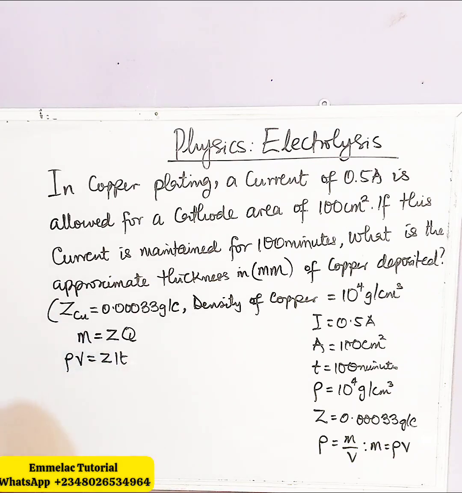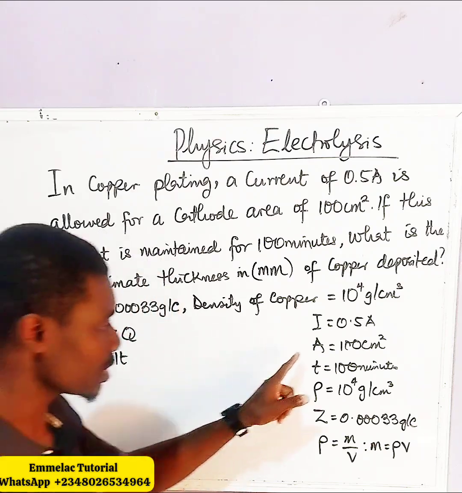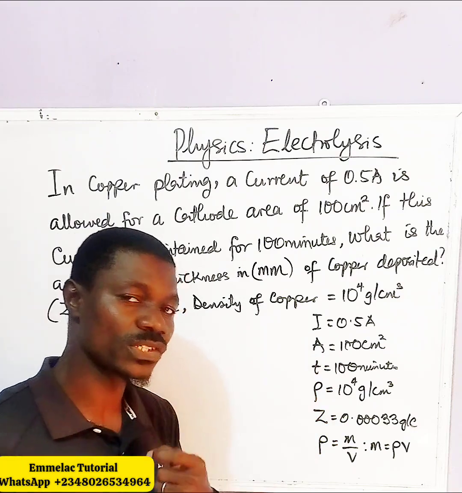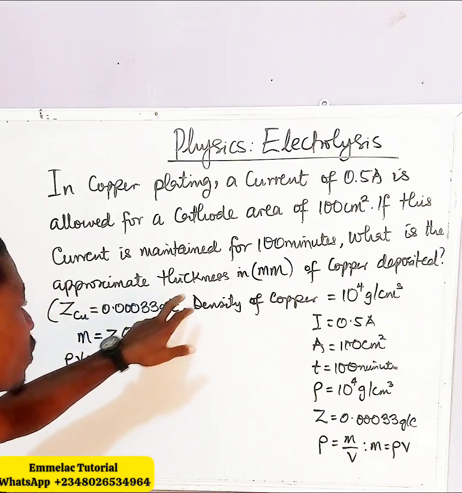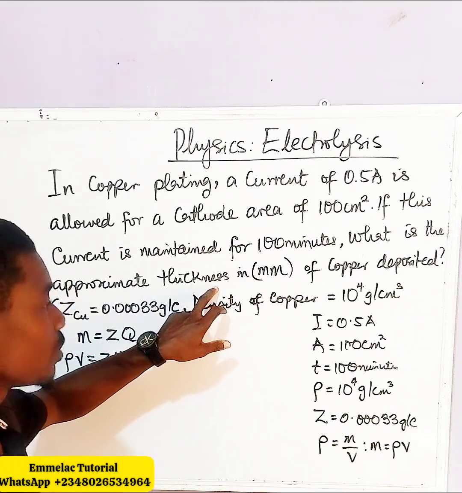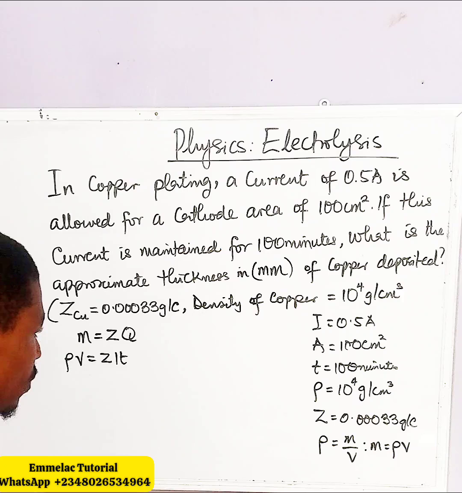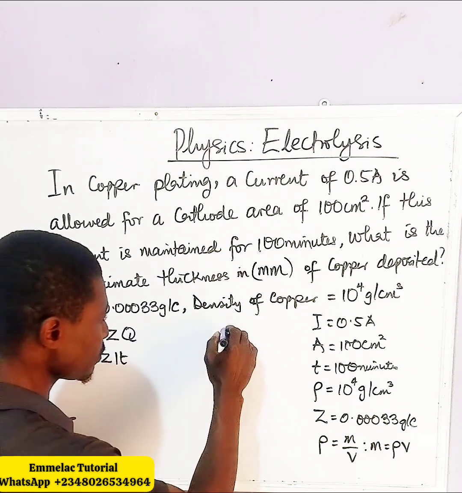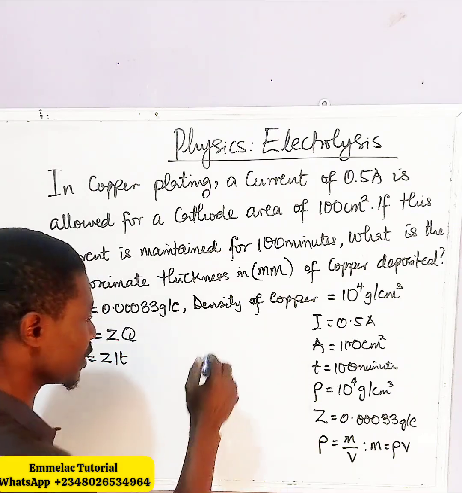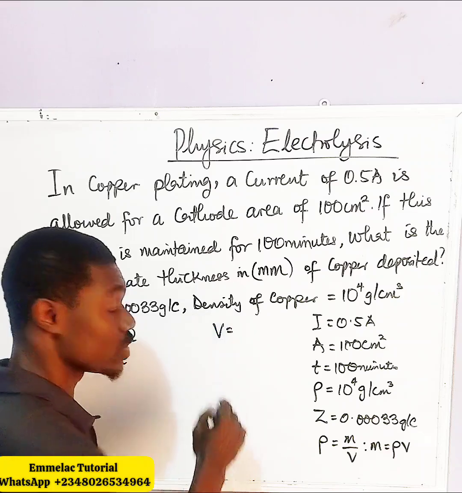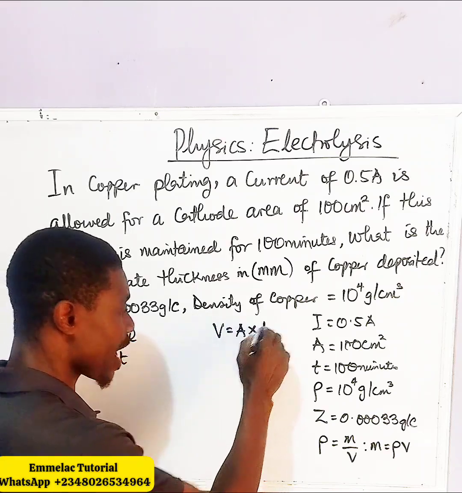IT. However, we're not given volume. But there is area here, and there is a relationship between volume and area. And that is where we need to find the thickness, which is a small dimension of any substance. So the relationship between the volume and area is that the volume equals the product of area times the height.